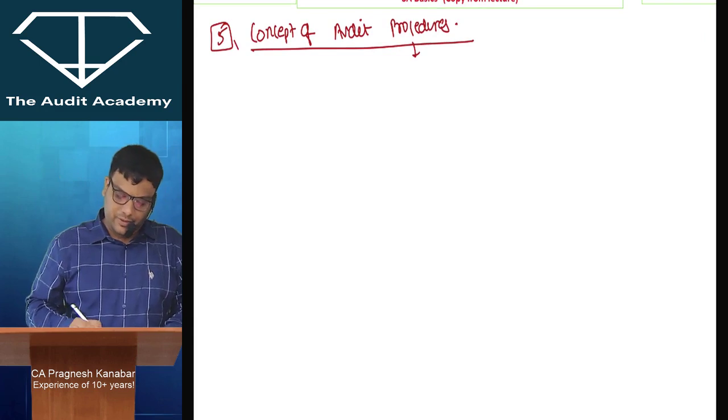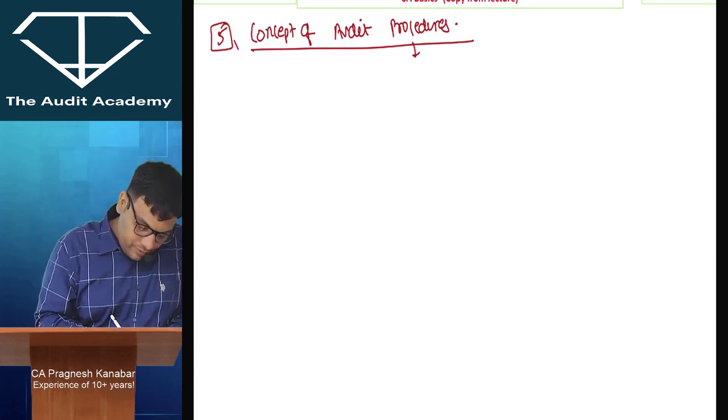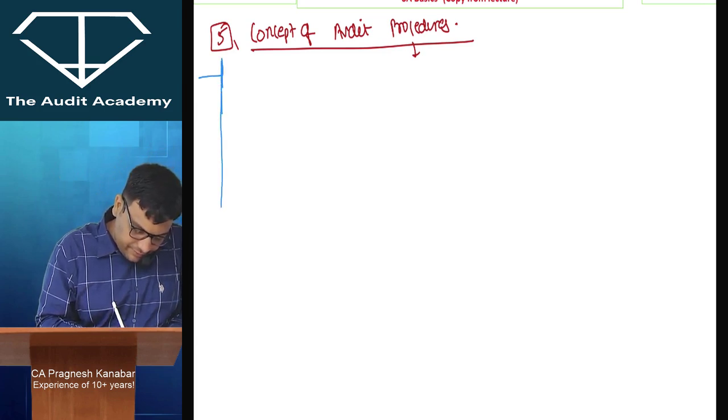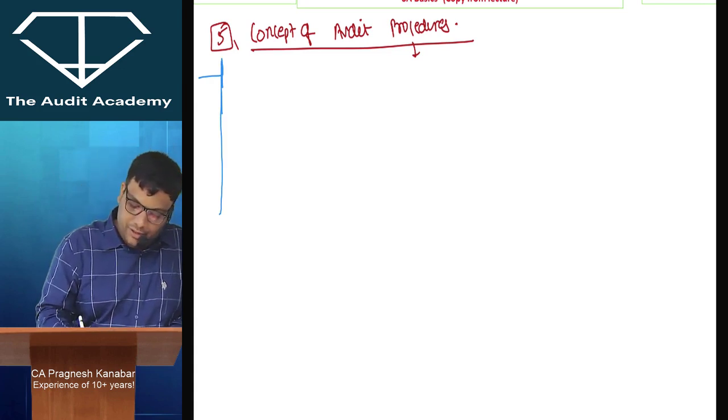Concept of audit procedures. Listen, over here, you have to leave one finger space, some margin, so that I can give some marking. Concept of audit procedures. Write down over here.